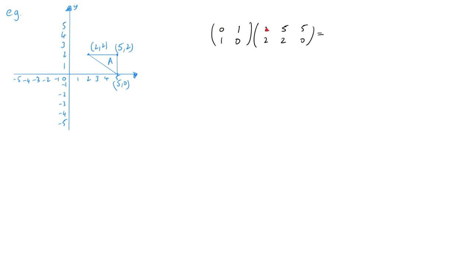So now that's 0, that's 2, and I go to this one, so 0 and 2, and finally 0 and 0, and you can see what's happening.